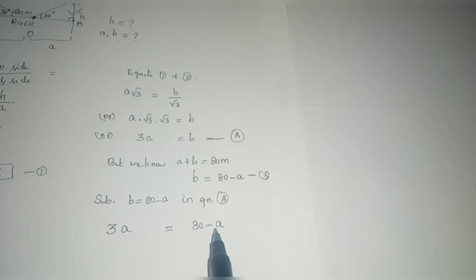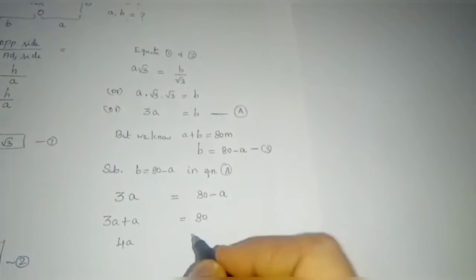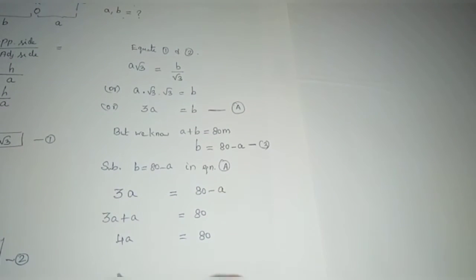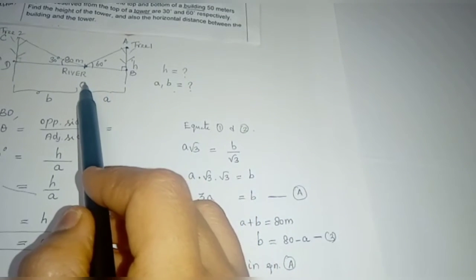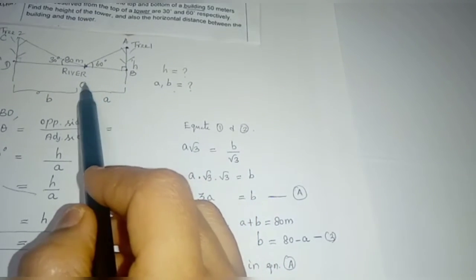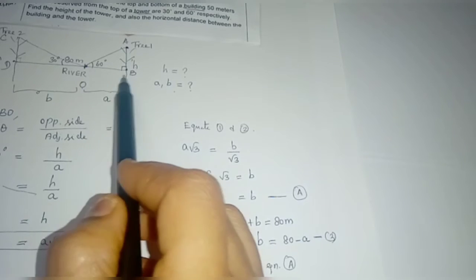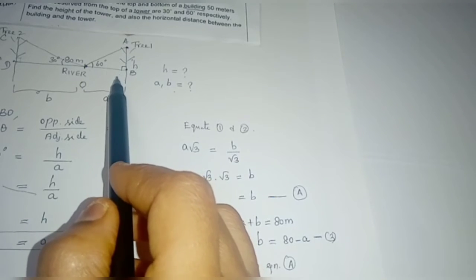You take a to the left hand side. Therefore, 3a plus a equal to 80. So 4a equal to 80. a equal to 80 by 4, which is equal to 20 meter. So a, the distance between point O and point B, is 20 meter.